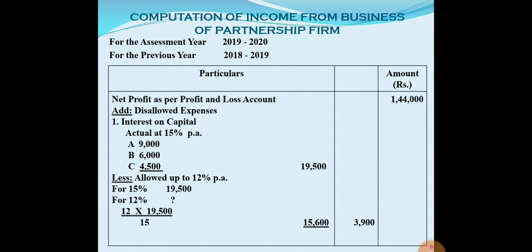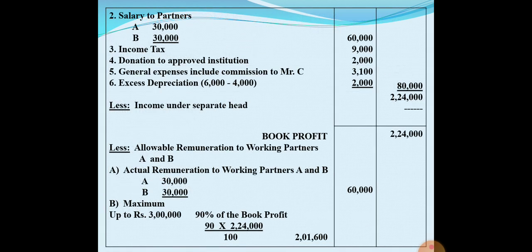How to compute this? For 15%, 19,500. For 12%, how much? That comes to 15,600. The balance is 3,900. Then the second item, salary to partners, A 30,000, B 30,000, total 60,000.